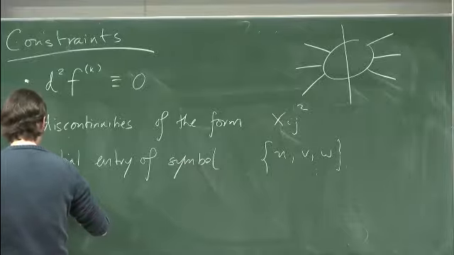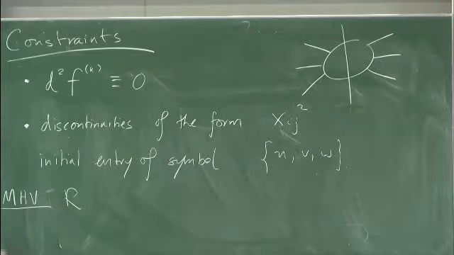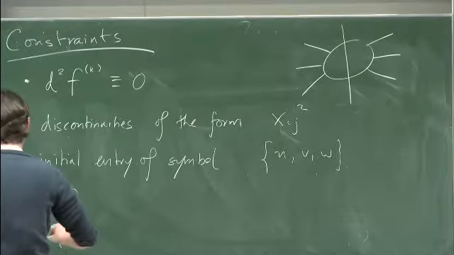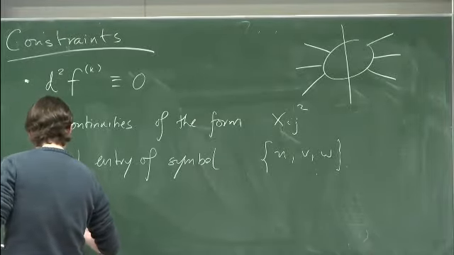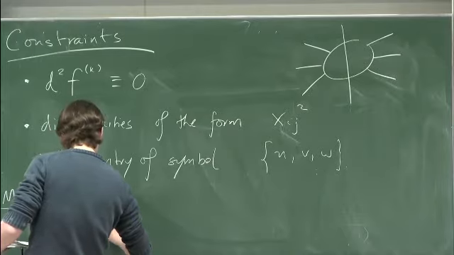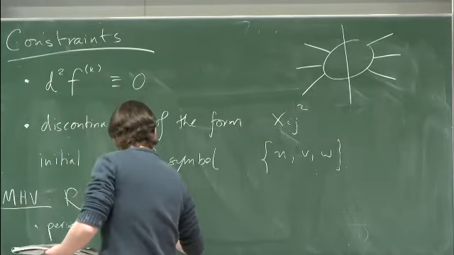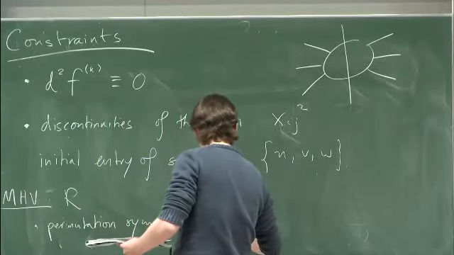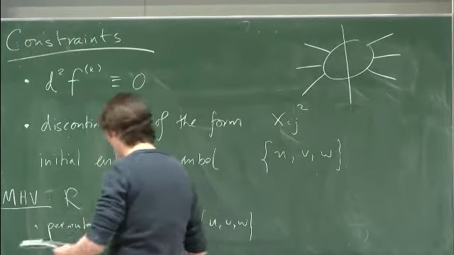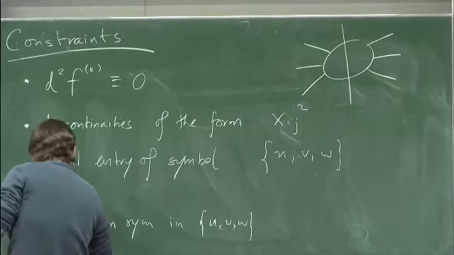So now, if we look at the MHV remainder function, this R function, then there are a set of constraints which are particular to that. I have, for example, permutation symmetry in U, V, and W. It should be parity even.